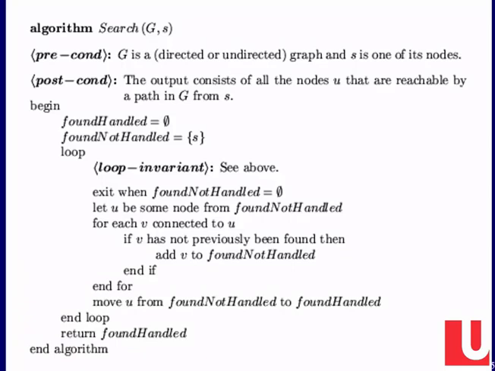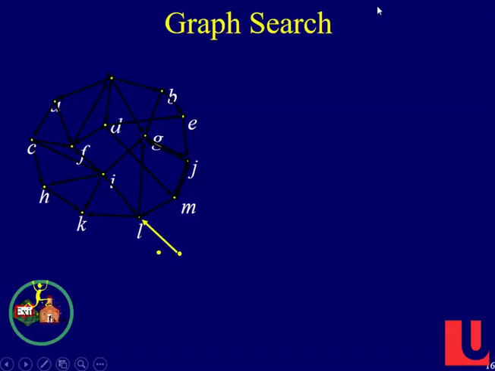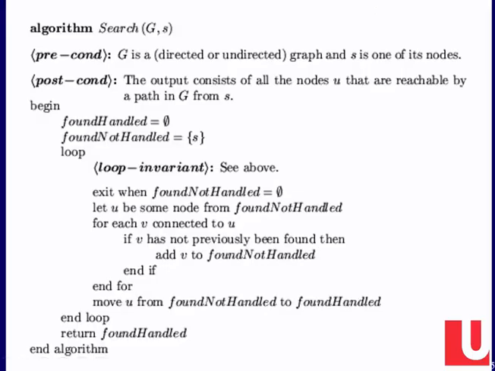So that's what our exit condition is going to be. So here's the code. Do I go through it? No, it's up there. So we have a graph. The input is a graph, which could be directed or undirected. And S is some node. And what are we supposed to do? Well, we start off saying nothing is found, and found not handled contains just S. And what's our loop invariant?